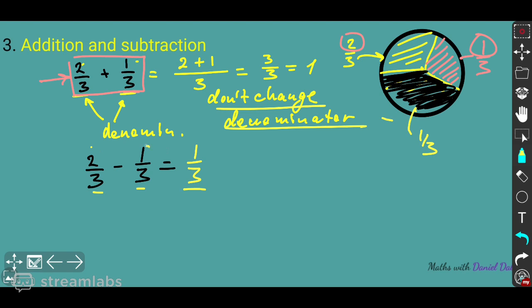But what if, for example, you need to be able to cope with negative numbers as well? For example, let's say you take 1 over 3 and take away 2 over 3. What do you think is going to happen in this case? You subtract 2 from 1 and obviously you'll get negative 1 over 3.